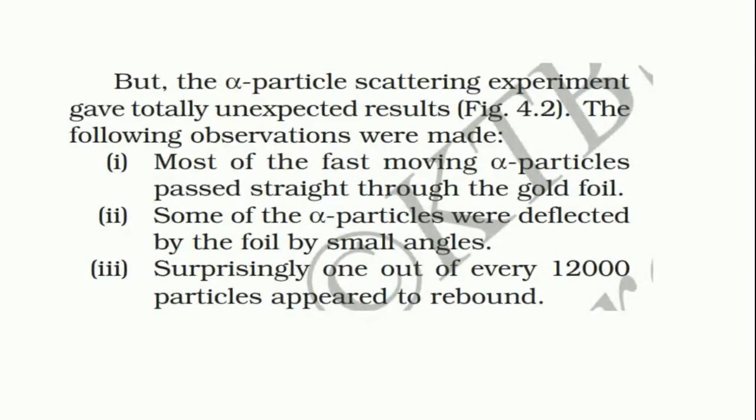So they were deflected by small angles. Surprisingly, one out of every 12,000 particles appeared to rebound. So some of them went straight, and one in 12,000 particles came rebounding back. That is 180 degrees. We saw that they came back. So that was one out of every 12,000 particles.